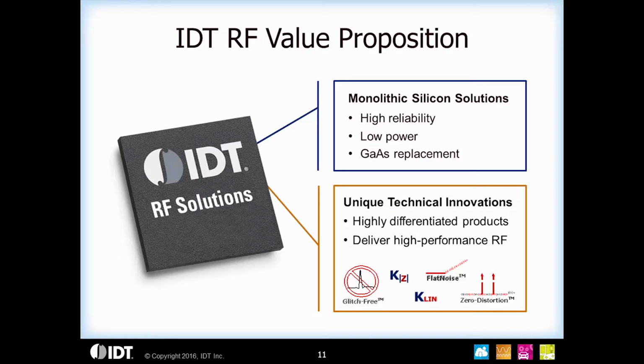Combining this with our unique technical innovations: Glitchfree, where for a DSA, we were able to eliminate the glitch when changing a very small attenuation step at the time of MSB transition.